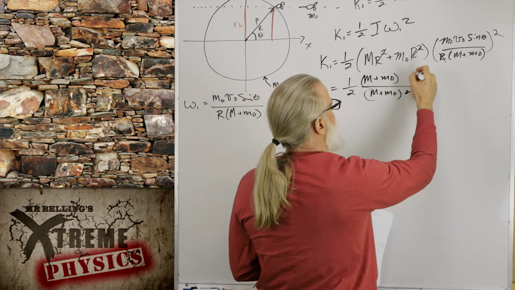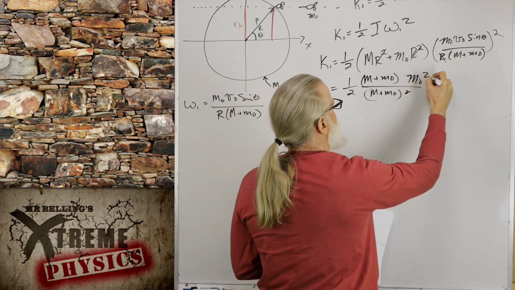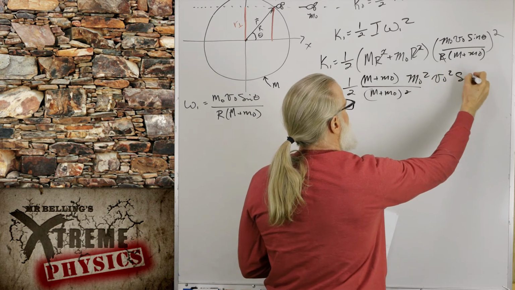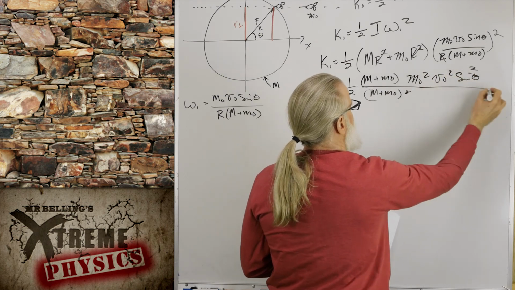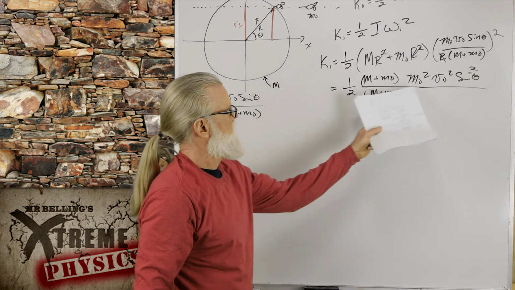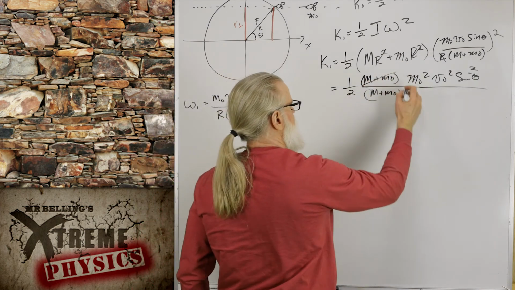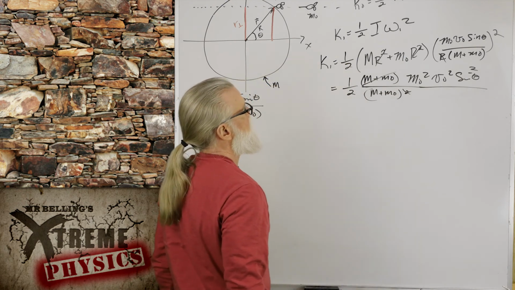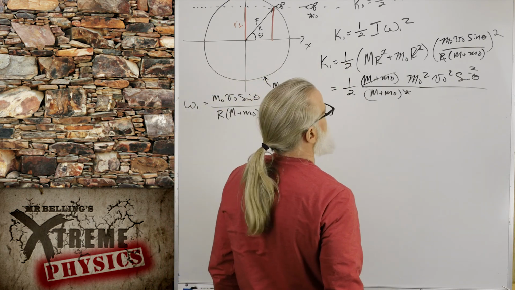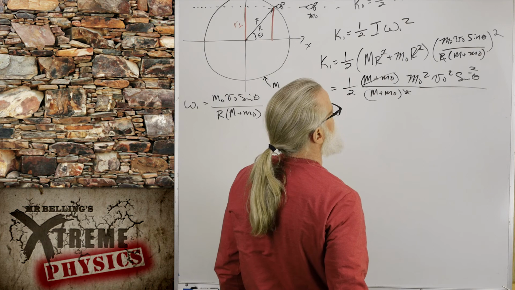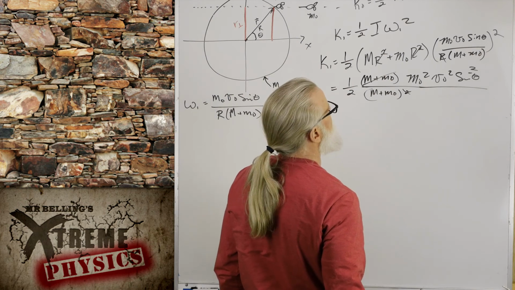We're going to square it. m0 squared v0 squared sine squared of theta. All right, and do we have anything else that can go away? No, I think that's it.